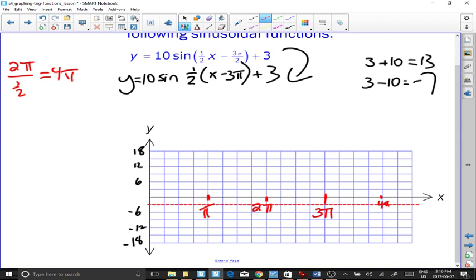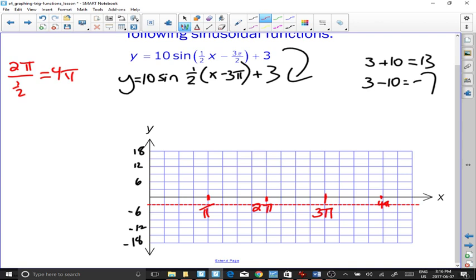Now we can start plotting some points. But before we get too fired up, we have to think about what that C value is. That C value is 3 pi. So that means we move everything to the right 3 pi.